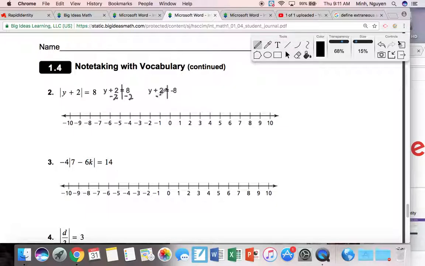In both cases, we are just going to subtract 2. Sorry if I'm doing a lot. y equals 6. I'm writing it up here so I have space later. y equals negative 8 minus 2, which is negative 10. So again, I have negative 10. Circle that. y equals 6. Circle that.